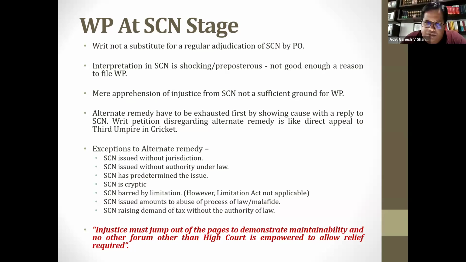Then judges will not tell us to go and approach the appeal commissioner or reply to the SCN, because it is void ab initio. From the beginning, the root itself is wrong. So in those cases, there is no authority under law to issue an SCN or to demand tax.